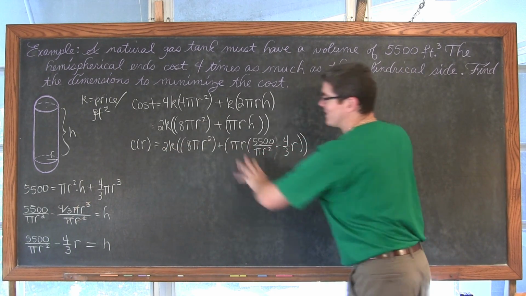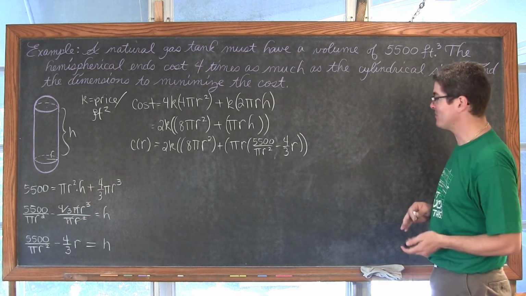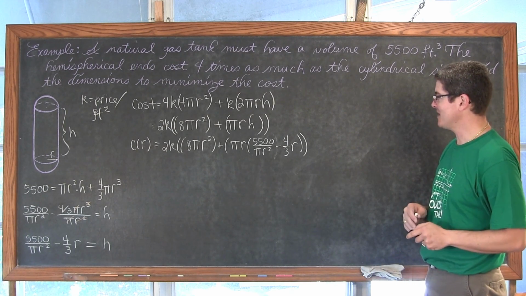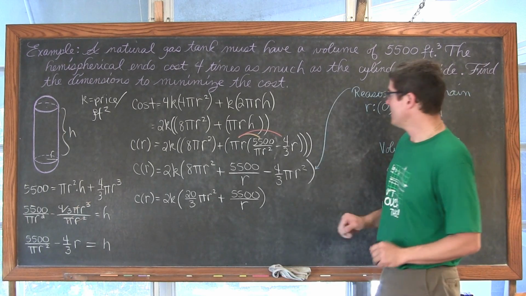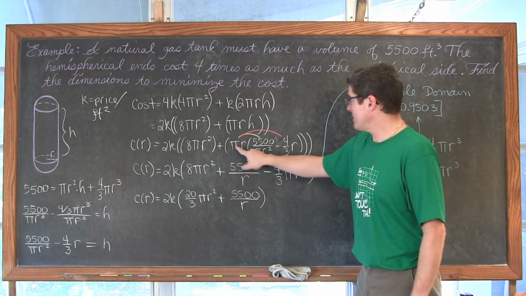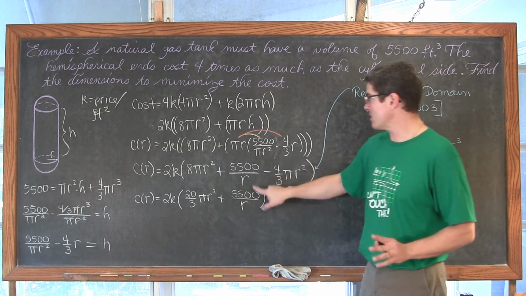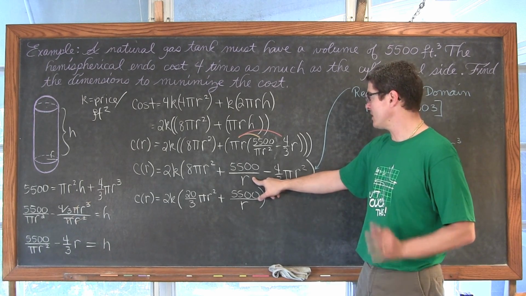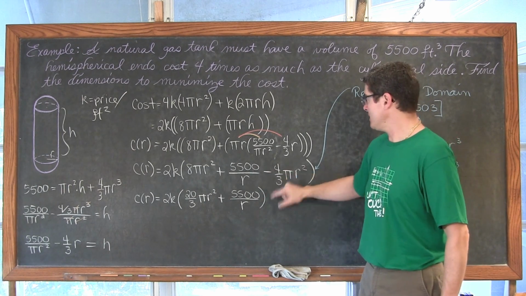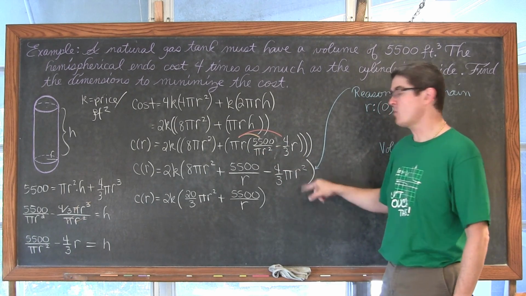Okay, this is going to need a little bit of cleanup before we try and find the first derivative, and for that I am going to pause and make sure I don't make some small mistake as I'm talking. Alright, so I took my pi r and distributed it through the parentheses, and the pi's cancel with the denominator, and that one r cancels with one of those two r's, leaving us with 5,500 over r, and then minus 4/3 pi r squared.